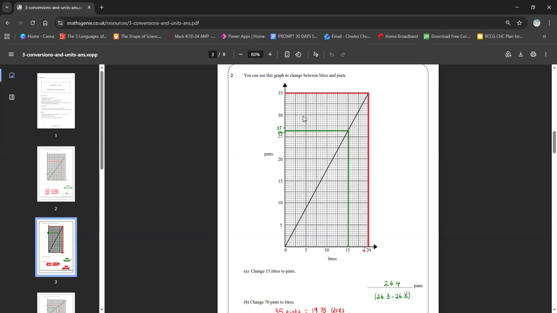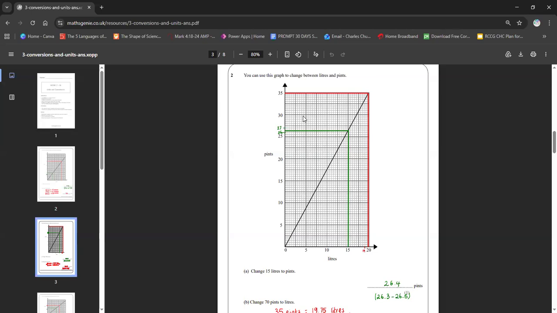So would that be 0.5? Wait, so would each gap be 0.5? Yes. Take a look at it, it would be 0.5 each one.